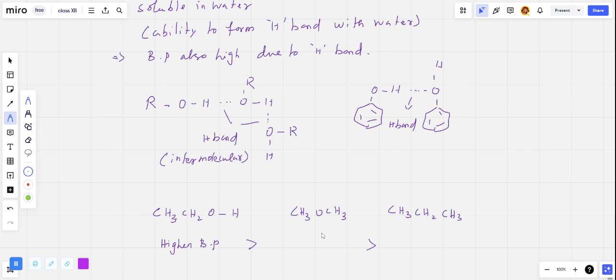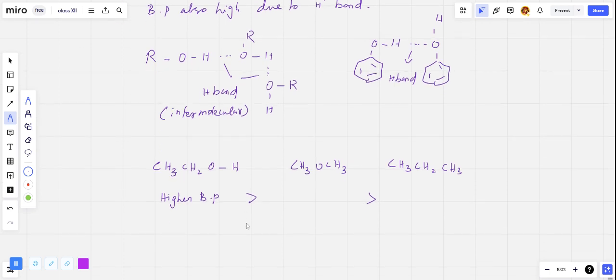The solubility also follows the same reasoning. If you take an alcohol, CH3CH2OH, for example, it forms an H bond with water.